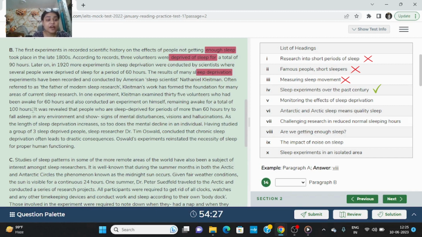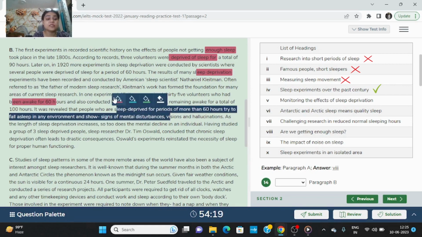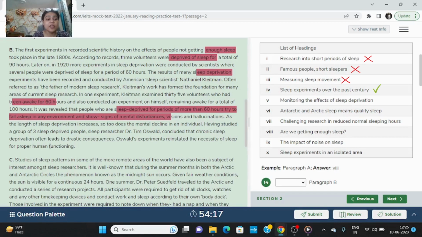And again, five volunteers being awake, one conducted an experiment on himself, revealed sleep deprivation for a period causes this and that. Deprivation often leads to drastic consequences. That means the whole paragraph is talking about this topic only. So I know that this is the most accurate heading for this one. I will put a tick over here and I will move to other headings as well.